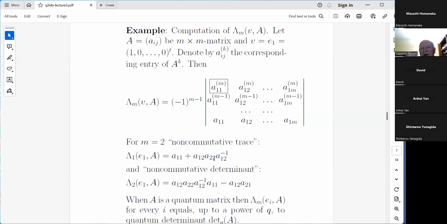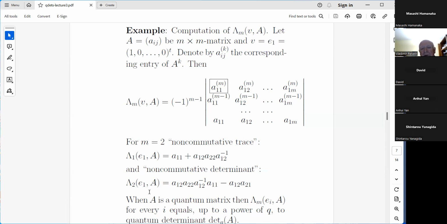So here I have A22 conjugated by A12. So if I have a morphism, I go from 1 to 2, from 2 to 2, and this inverse from 2 to 1. So this is it.